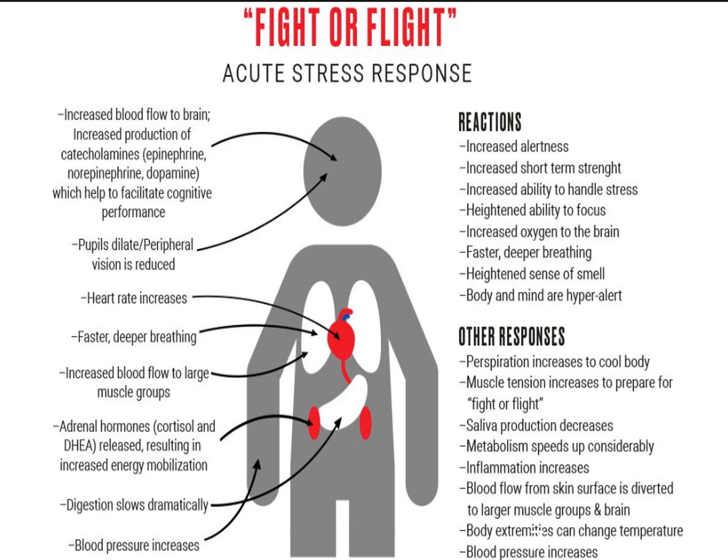This is just a basic slide to look at some of the things that might happen. So, that increase in blood flow to the brain, that pupil dilation, that increase in the heart rate, that faster, deeper breathing, that increased blood flow, the release of that cortisol to help with our energy, that digestive system slowing down here, the increase in the blood sugar, in the blood pressure, the increase in our alertness.